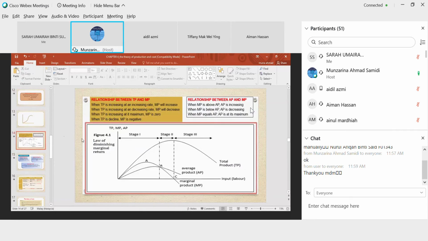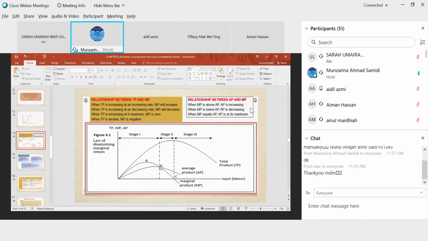Stages of production. Okay, so this is the stage of production just now. This first stage starts from zero units of labor until the point where marginal product equals average product, at point B here.